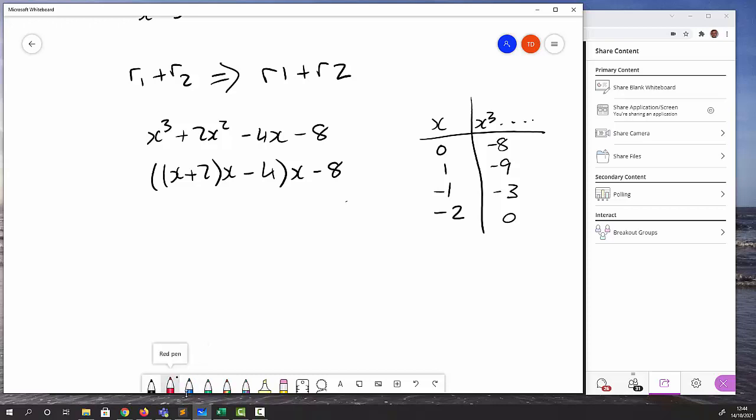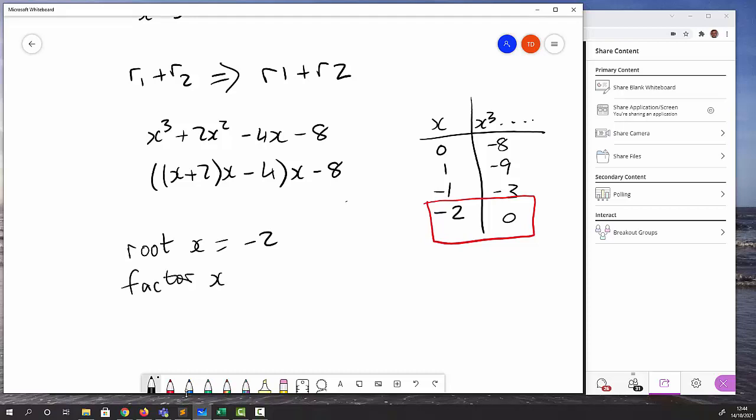Let's even do this in red to show how important it is, because by guesswork we've found one of the roots. So the root is x equals minus 2, so the factor is x plus 2 equals 0.